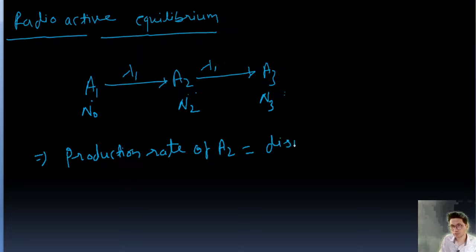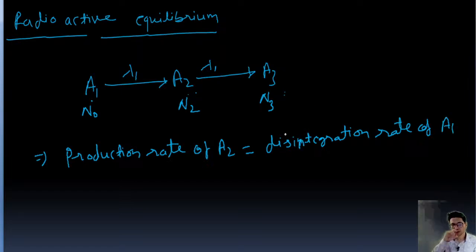So the production rate of A2 is going to be equal to the disintegration rate of A1, and that is going to be equal to lambda 1 N1.